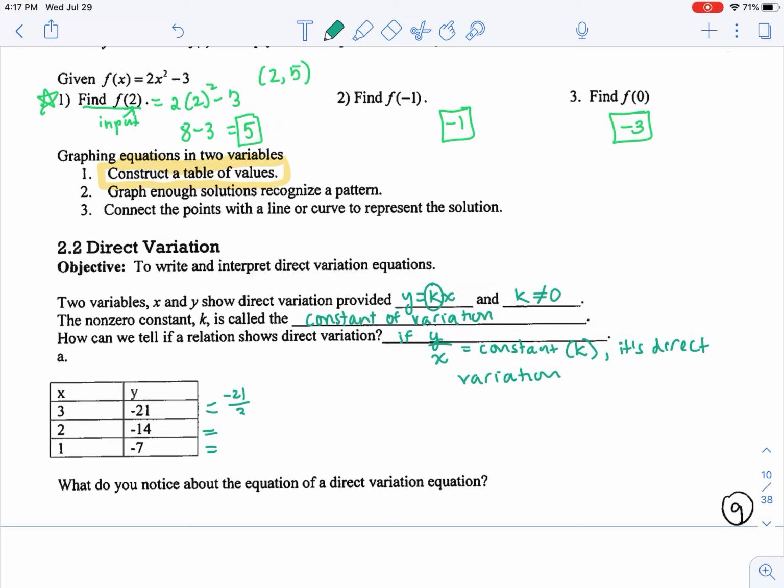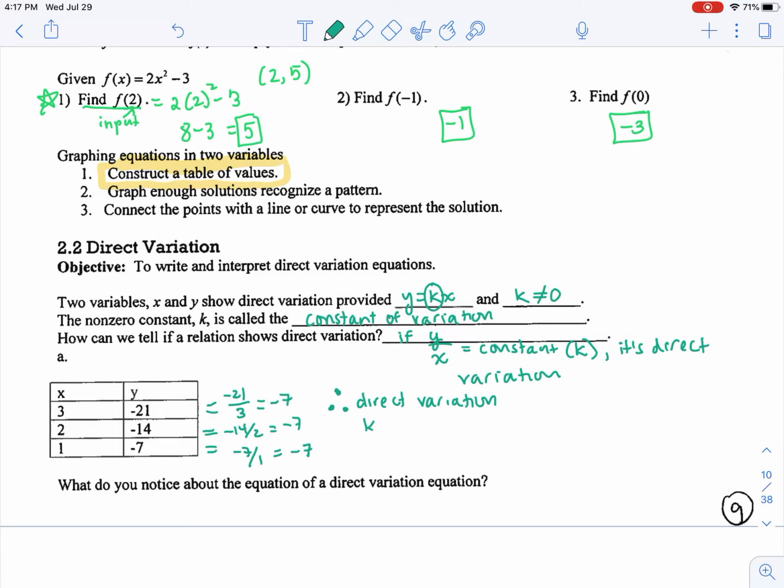So when I put -21 over 3, I get -7. When I put -14 over 2, I get -7. And then finally -7 over 1, we do get -7. So our conclusion, this is the therefore symbol in math, our conclusion is that this is direct variation.